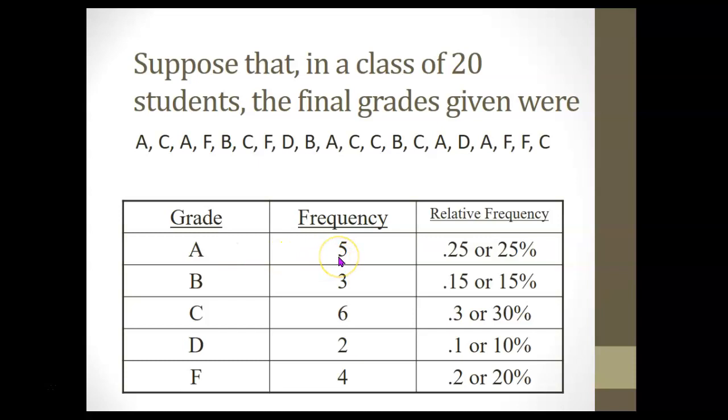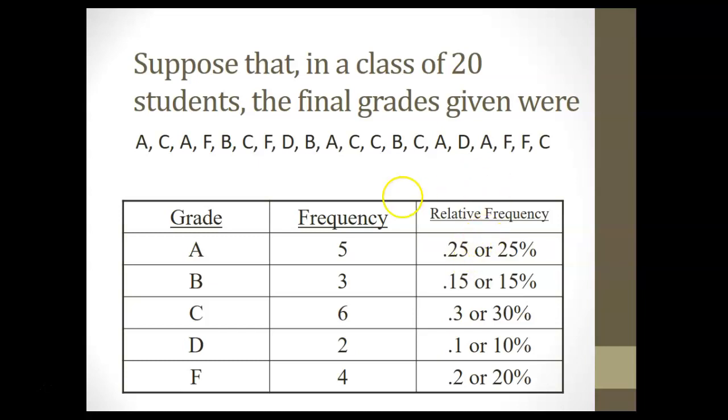Now, if there were 5 A's out of 20 in all, 5 out of 20 is 25% of the grades. You can calculate that by taking 5 divided by 20. And if you do that on a calculator, it'll come up as 0.25. So if you write it in decimal form, the relative frequency is 0.25.